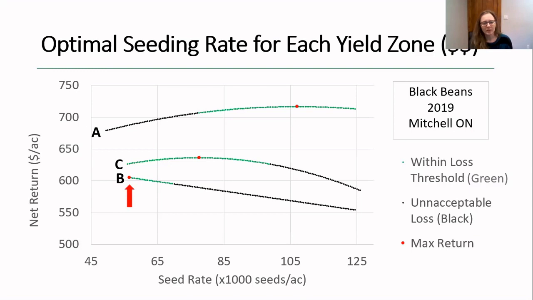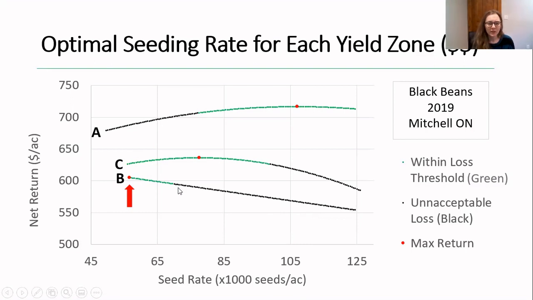There's a red dot in that B zone, and that is where we have our maximum return. At the lowest seeding rate, which in this case was 55,000 seeds as applied, that's where we had the best economic return. And as we increased our seeding rate, yield did not increase. And so all we did was lose money the more seed we put out.